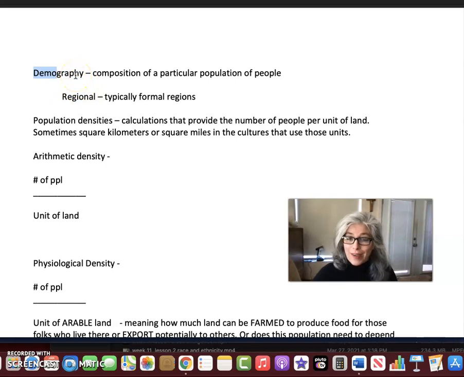And in human geography, this is one of our primary goals, to understand the composition of a particular population of people in a particular location or region, or the way that some people adapt or modify the environment in one place compared to another place. And all those 5 themes of geography apply to this information also. Typically when we talk about demography, we're looking at formal regions for our purposes.